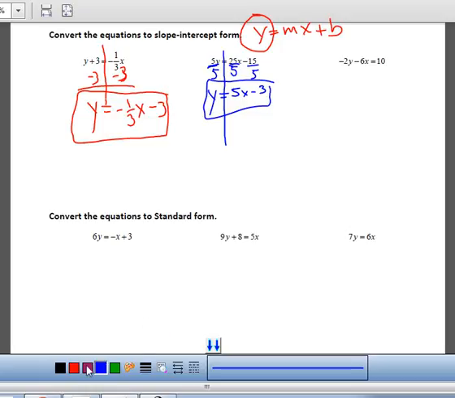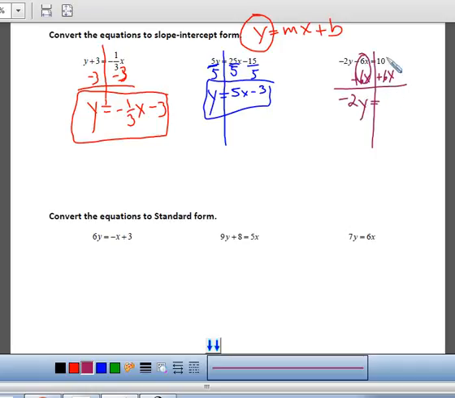Third one, negative 2y minus 6x equals 10. Alright, so the first step I'm going to do is get rid of this minus 6x, undo that and get it over to the other side. So I'll add 6x. Now over here it zeroes out and we still have negative 2y, we're almost done.